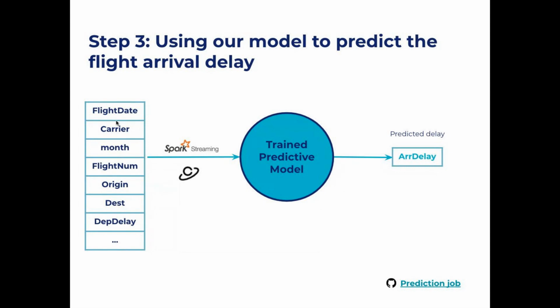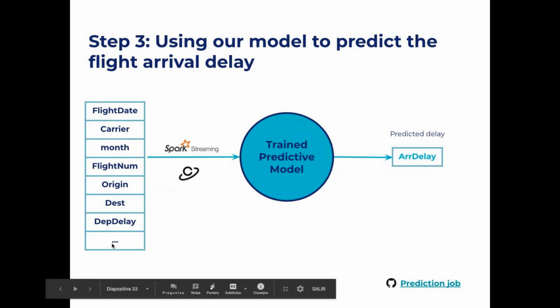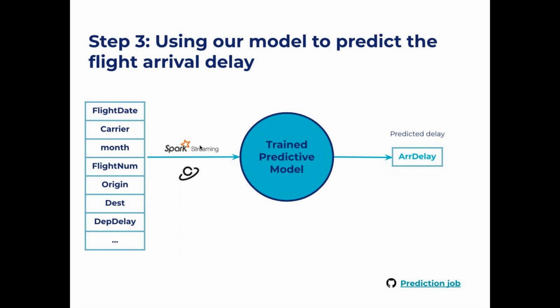If we take a look at the code here, we can see that we are using Python because we wanted to show that Spark can be used from different programming languages. In this case, we're doing the training with Python because, as Joaquin said earlier, many data scientists don't know Scala.